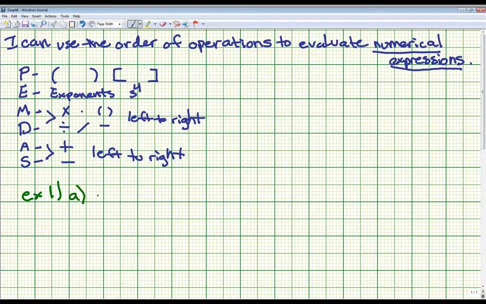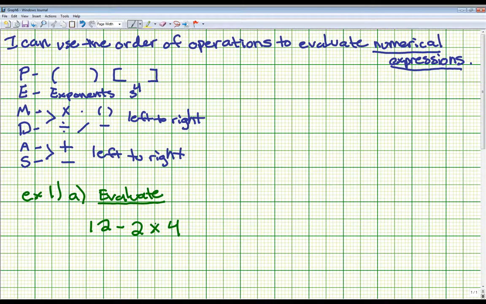A asks us to evaluate, and I'm going to underline that. We'll talk about what that means. Evaluate this expression. The expression is 12 subtract 2 multiply by 4. So 3 numbers and 2 operations happening here.